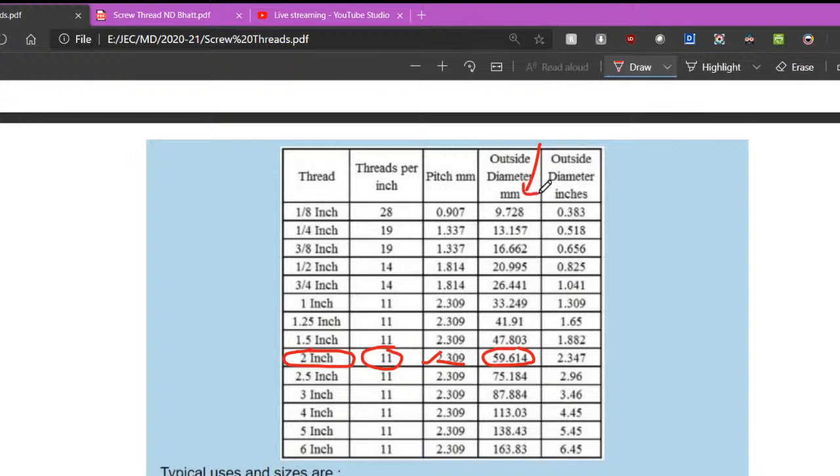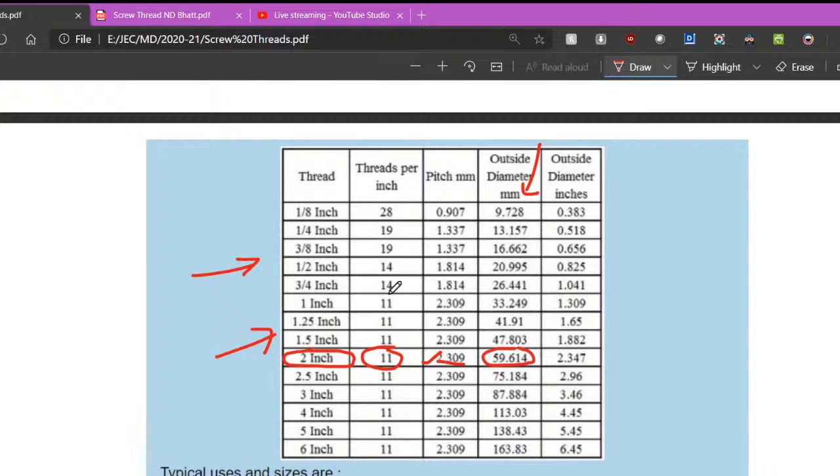So if this one is varying, then you have to refer the table. There are various tables, and this table has been given up to 2 inch.